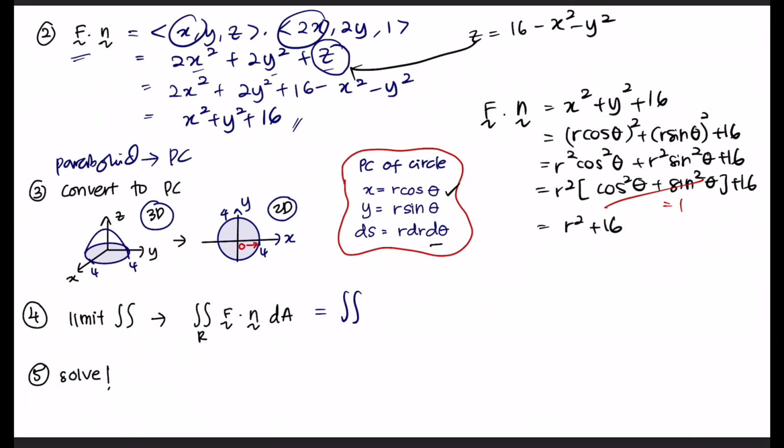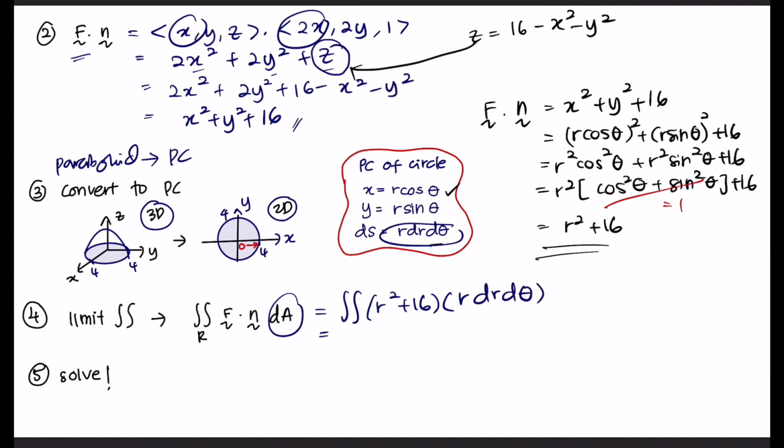Then you determine the limits. Substitute F dot n in the formula and determine the limits. We have r squared plus 16 here, and dA, the area right now, is the surface of a circle, so dA is r dr d theta.